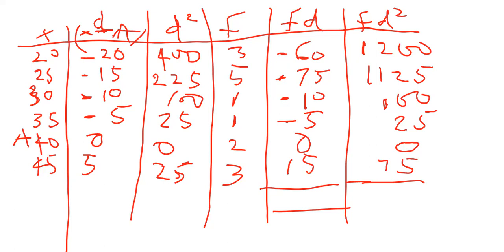Add that of FD squared. And then the totals. Minus 135.